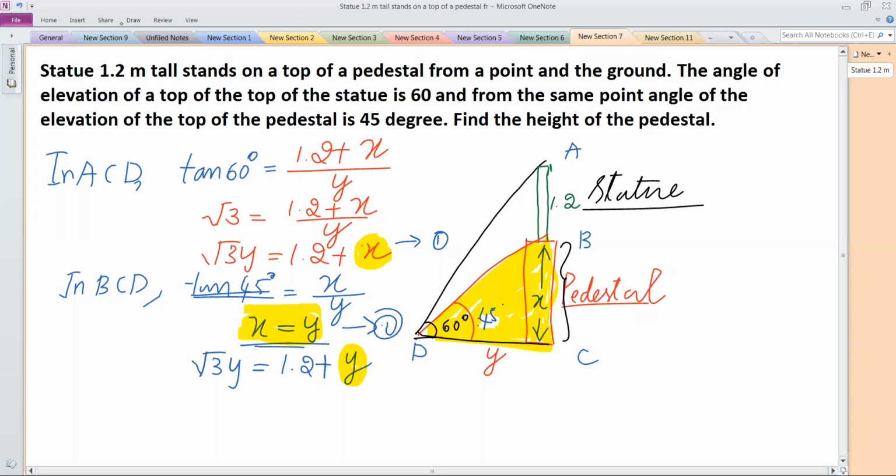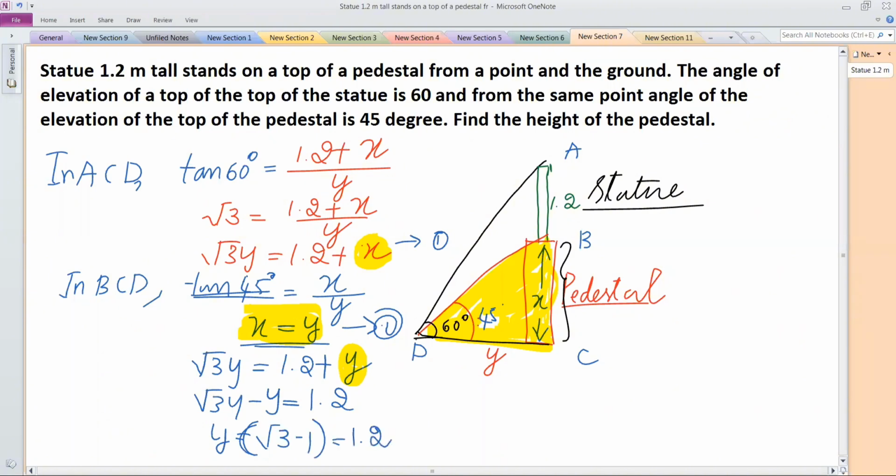Now, further, we need to go with y. You bring this side, so root 3 y minus y is equal to 1.2. You take y as common. So root 3 minus 1 times y is equal to 1.2.